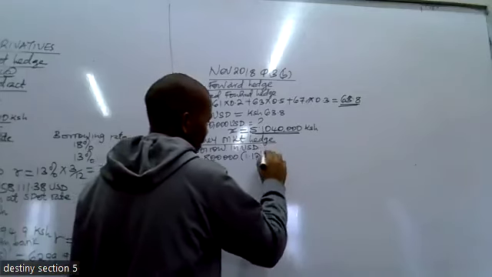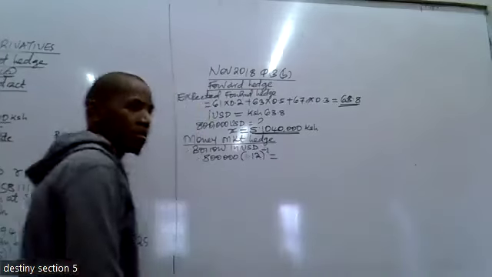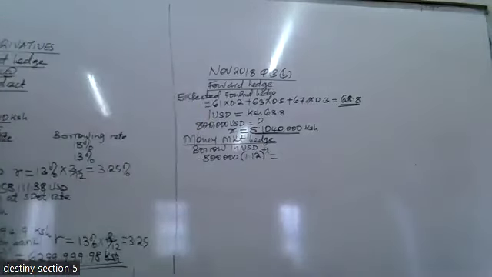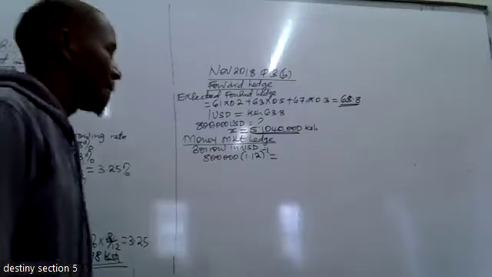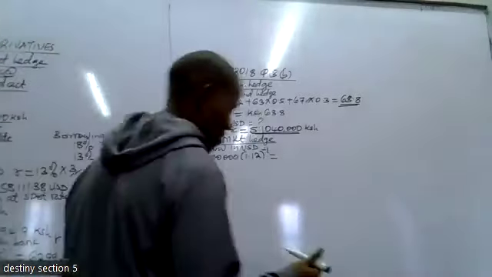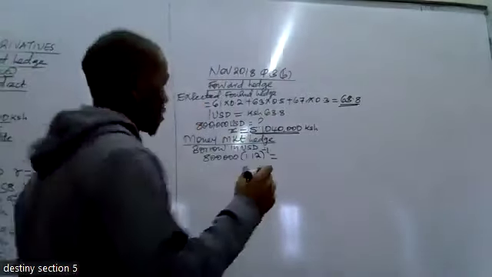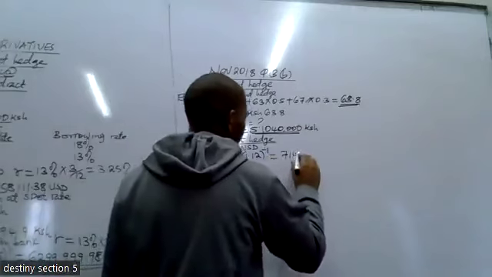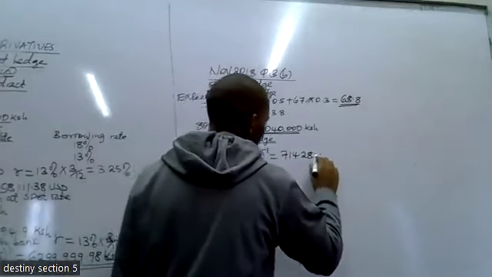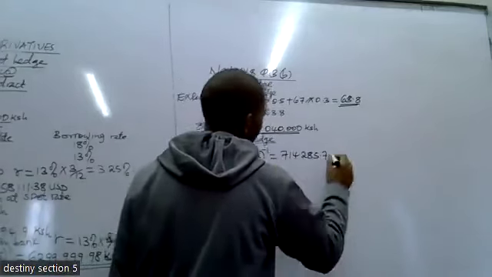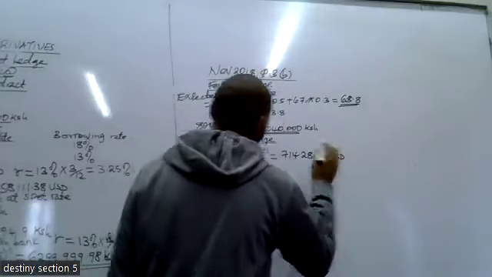Power -1 will give you how much? 714,285.7. This is in USD.